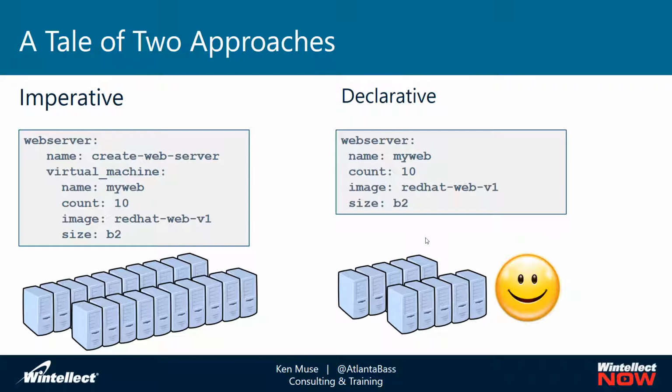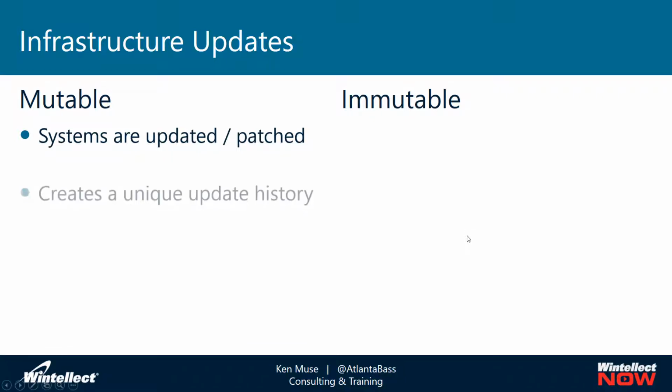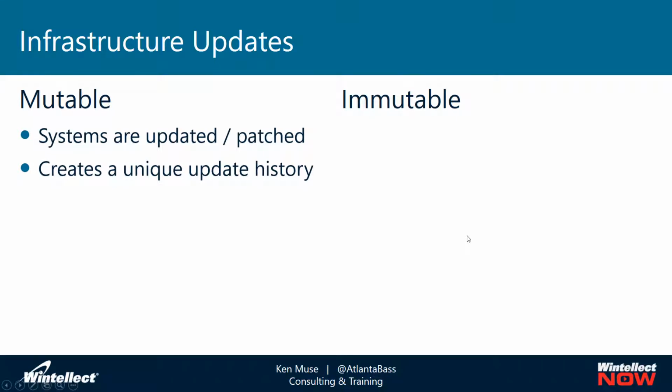Now, as far as infrastructure and infrastructure updates go, there's also two approaches here: mutable and immutable. Mutable systems are updated and patched. They change over time, and this creates a unique update history because the servers won't be updated at exactly the same time, and the updates may be processed slightly differently.